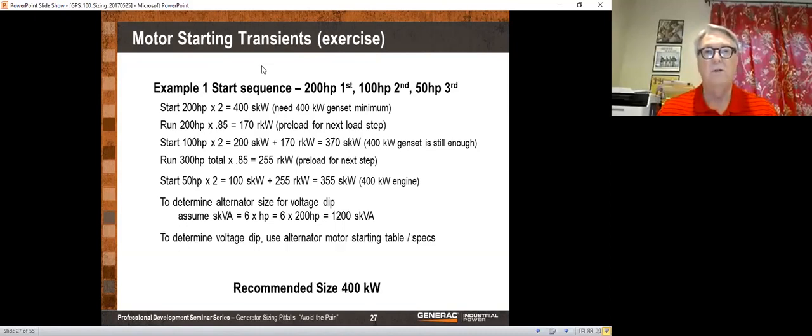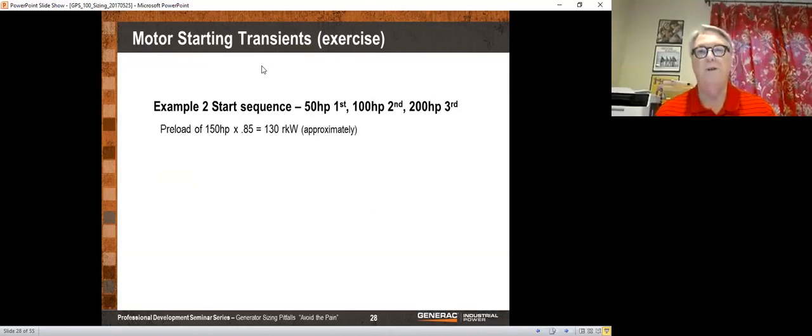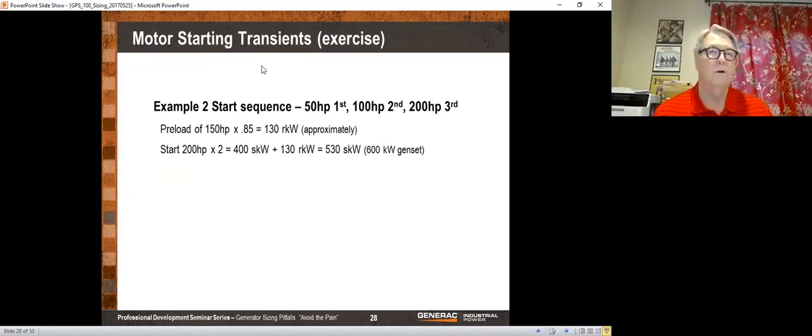Now, let's go to example number 2. In example number 2, we're going to start the 50 horsepower, then the 100 horsepower, and then the 200 horsepower. And so we're just going to save ourselves some time here because we know that the 200 horsepower is going to be the hardest one. So we're going to assume the 100 and the 50 are already running, and they take 130 running kilowatts. Now we're going to start the 200 horsepower times 2 kilowatts per horsepower.